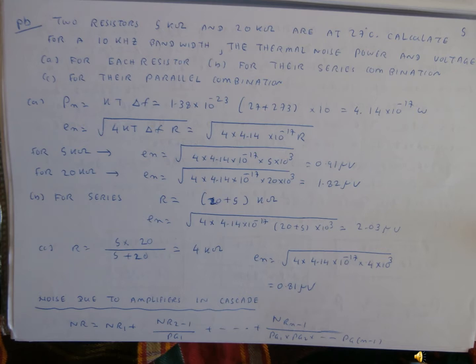Now the same problem again: two resistors, 5 kilo ohm and 20 kilo ohm, at 27 degrees centigrade.